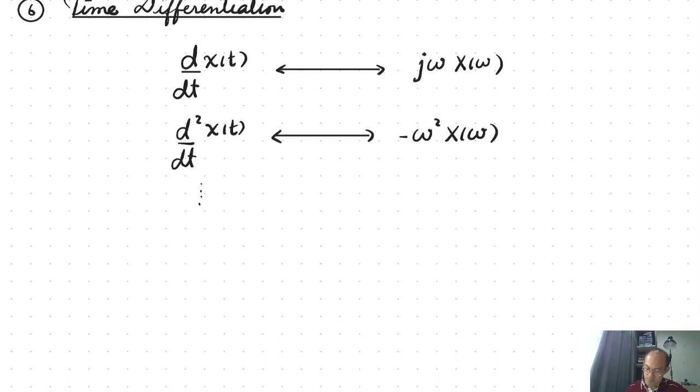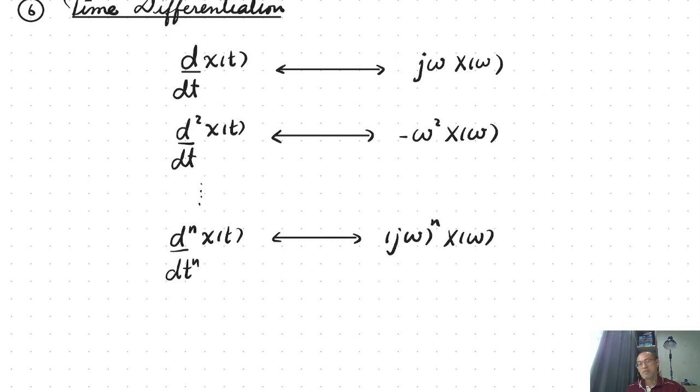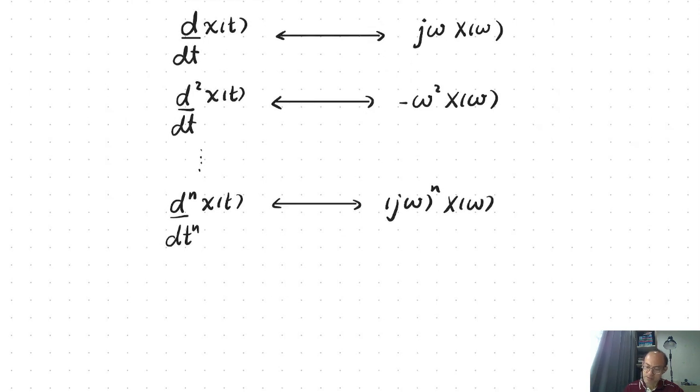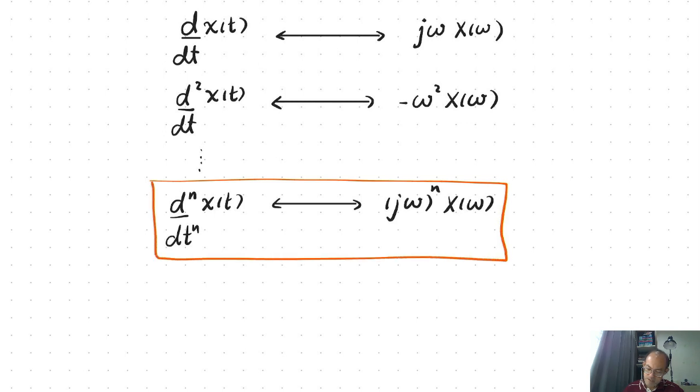So if you do it n times, by differentiating x with respect to time n times, by taking the nth order differentiation, the result would be just to multiply the spectrum of x by (j omega) to the nth. Okay, so this is the time differentiation property.